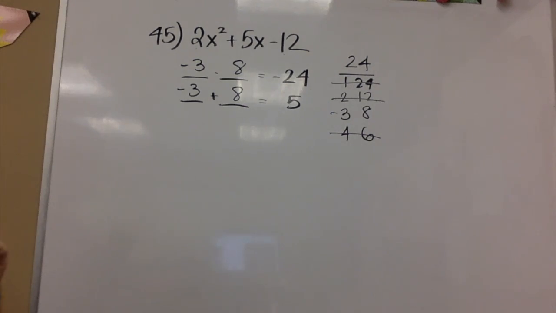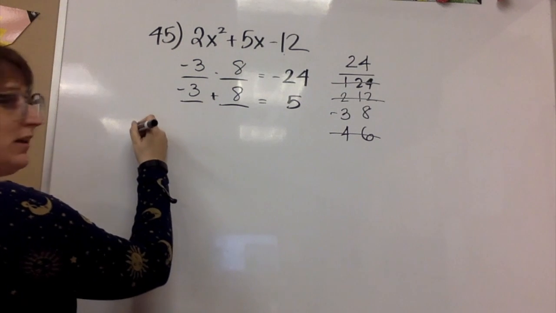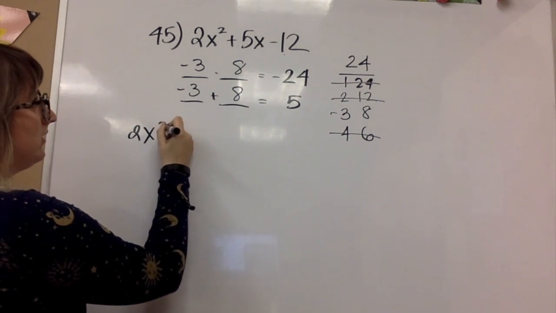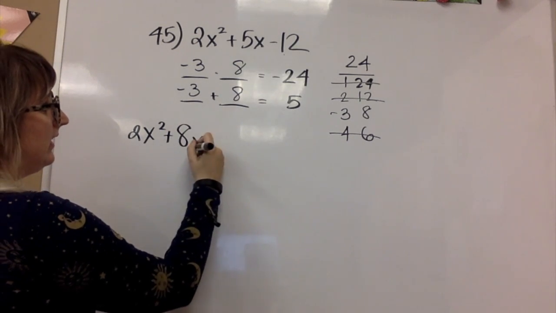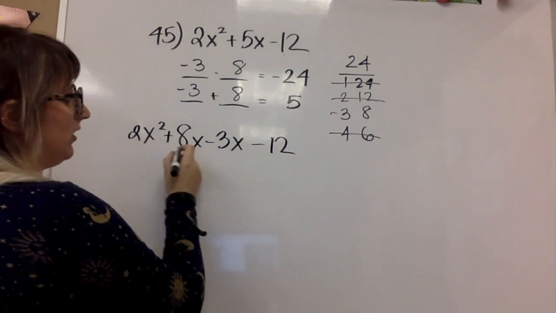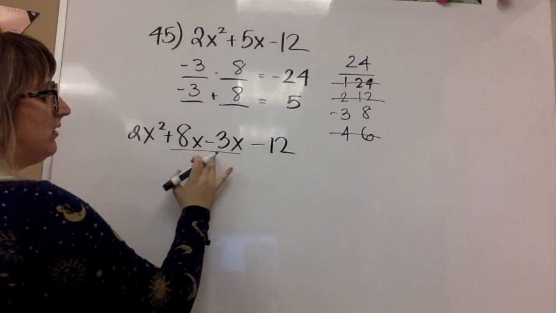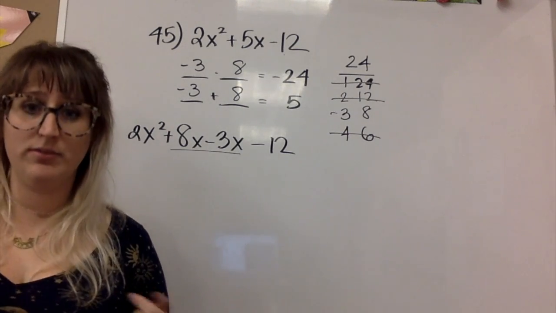So when we factor by grouping, we're going to rewrite this equation as 2x squared plus 8x minus 3x minus 12. Notice how I put these values back into the equation, because if I combined them, I would get 5.